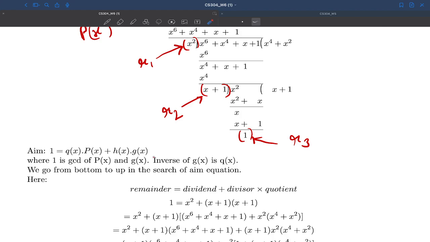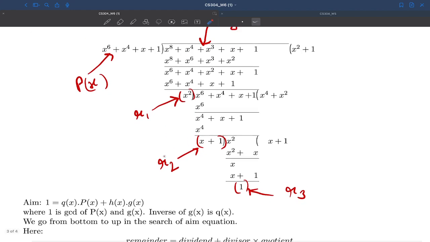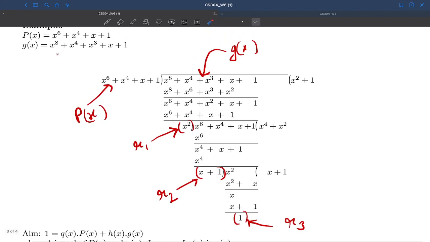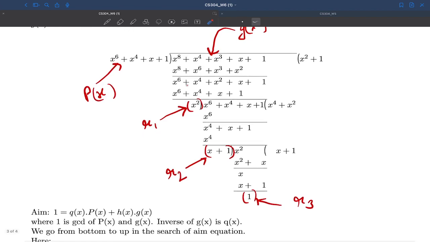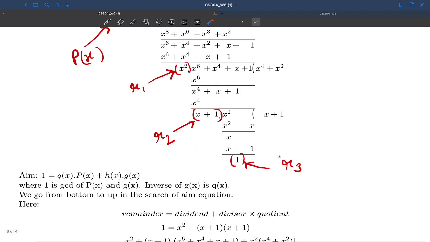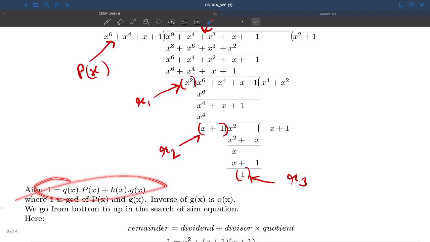Okay, so px is nothing but x6 plus x4 plus x plus 1, and gx is what we define the modulo on, x8 plus x4 plus x3 plus x plus 1. How to achieve this, how to get this equation? This is our aim, this is what I need to find.